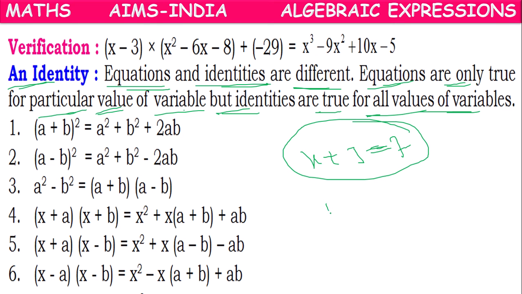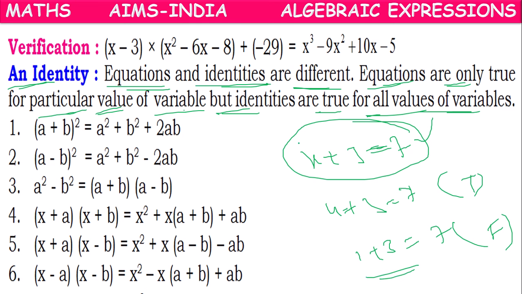In the place of x, if we keep plus 4, then only it will be true. If we keep other values like 1, then it will be false. So this equation is true only for some values of the variable, but not for all values of the variable. So this is just an equation.